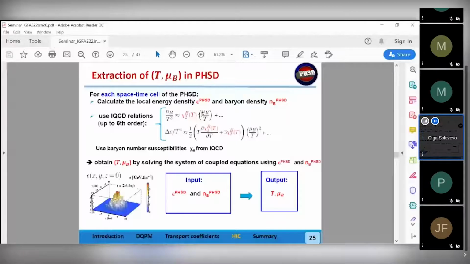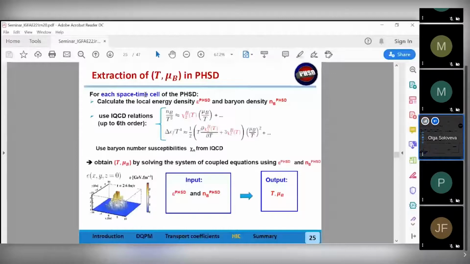As I said, firstly, we estimate the energy density, and then we extract the temperature and μB in each space-time cell.